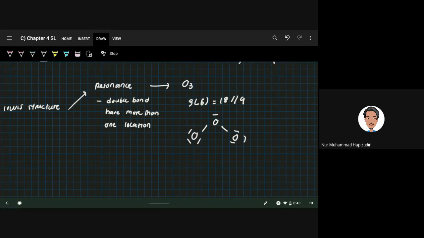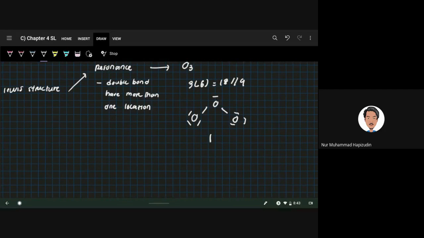Okay, so this is Lewis structure for ozone or O3. Okay, but the actual formula macam ni.